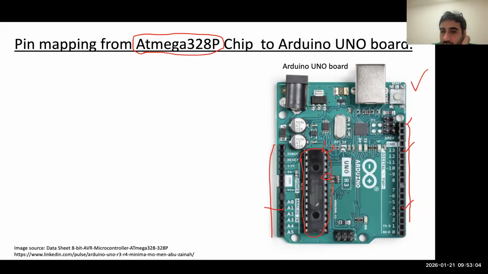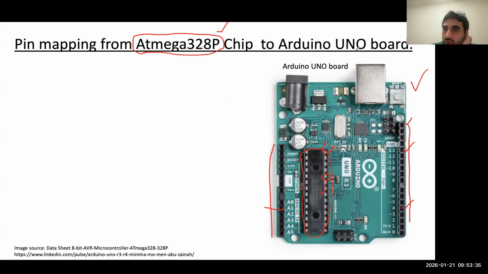Because all the material which we will be covering in the course refers to the pins of the microcontroller chip. Those lecture slides don't explain things in terms of the pins of the Arduino board, because remember, we are focusing on the microcontroller Atmega 328P.